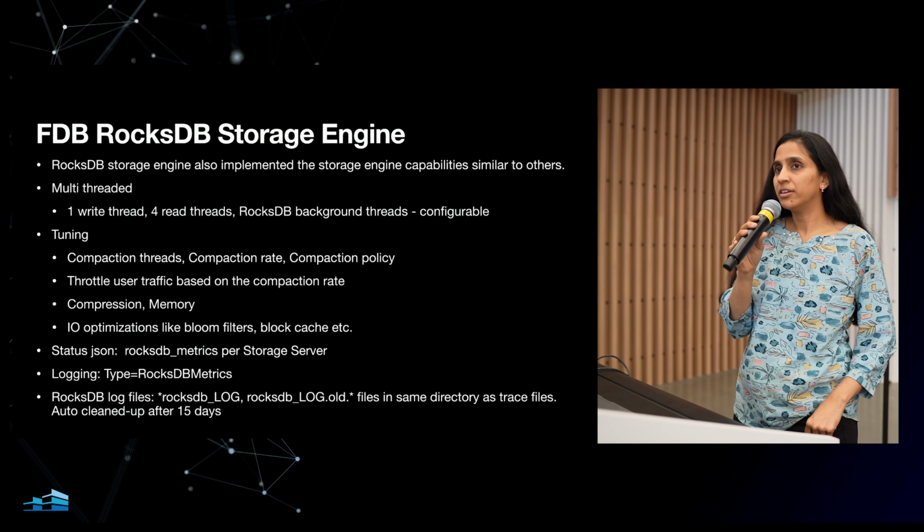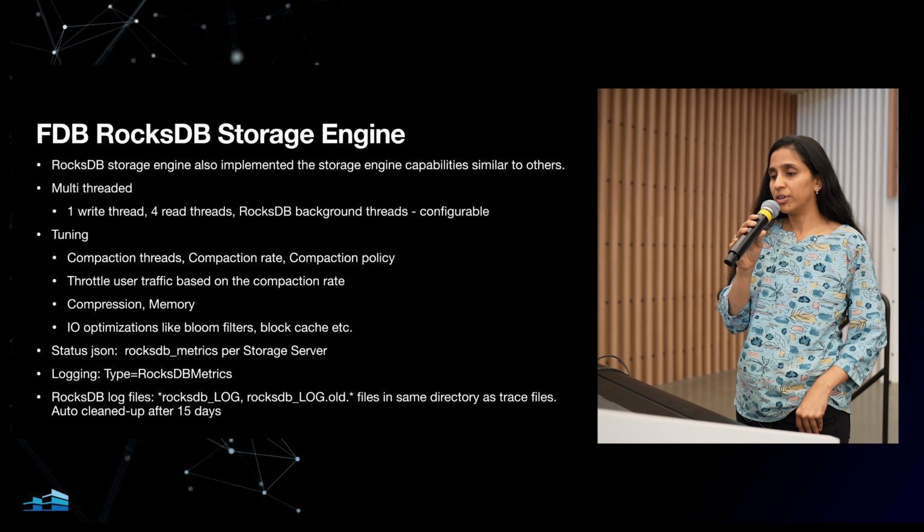It is also slightly different with respect to the logging part, or the observability part. So we specifically have RocksDB metrics, which focus on the internal metadata of the RocksDB storage engine. These help us to understand the performance and also help in debugging issues.